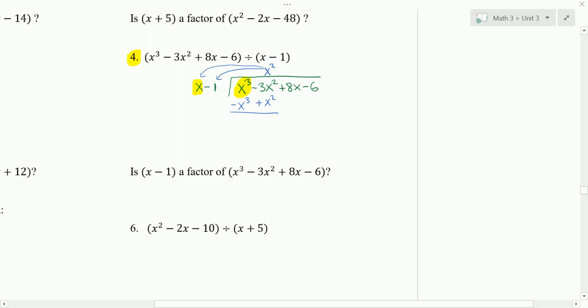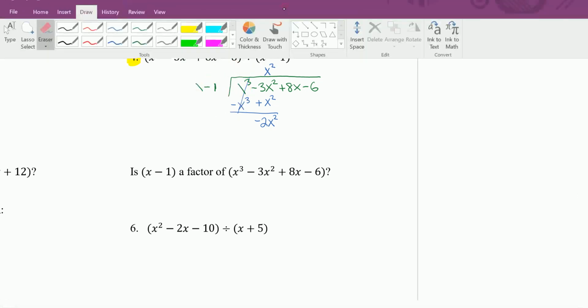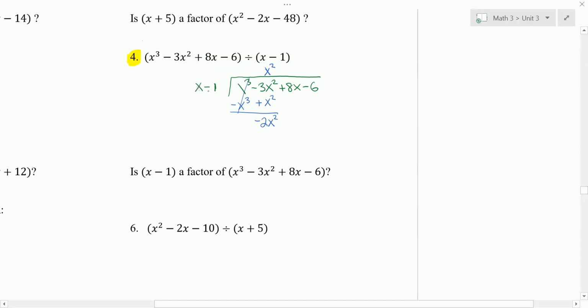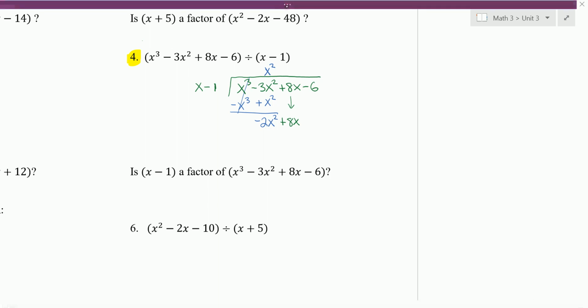And we end up with 0 minus 2x squared. Then we're going to bring that plus 8x down. We can bring the -6, we don't need it right now though.